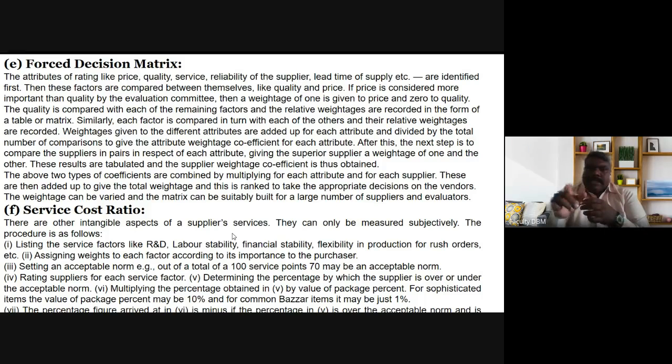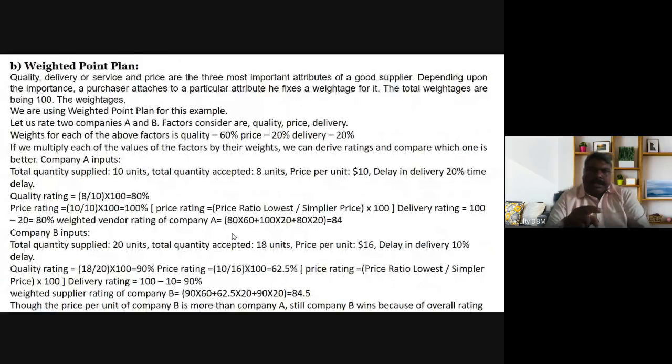So in the next step, they compare the suppliers in pairs in respect of each attribute. The attributes, as we have seen, are price and quality. For example, if you are going to use this method, company A's quality you can see is 80% and the other is 90%, and the price rating is 62% and the other is 100%.